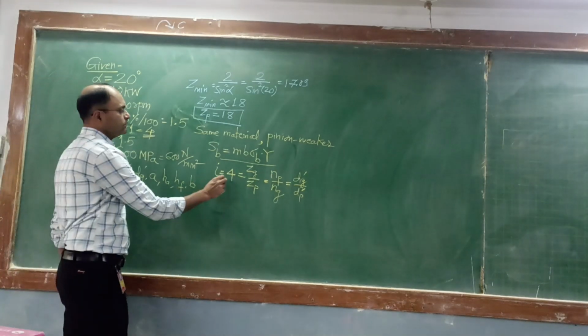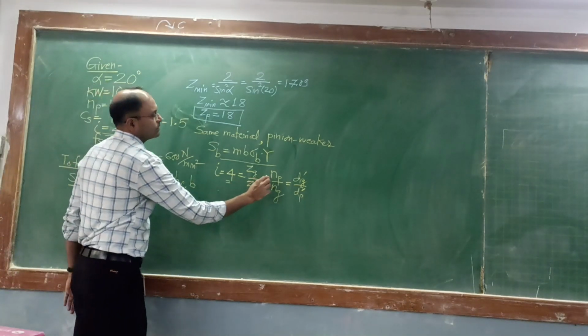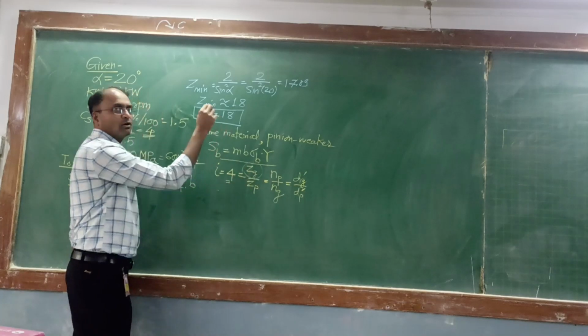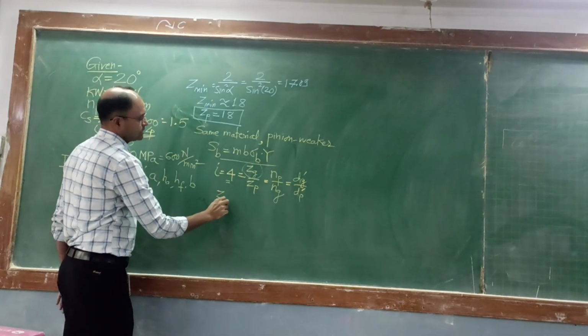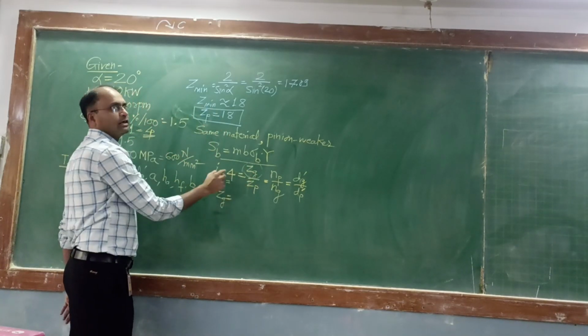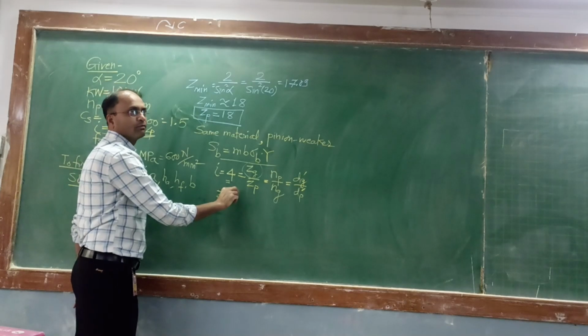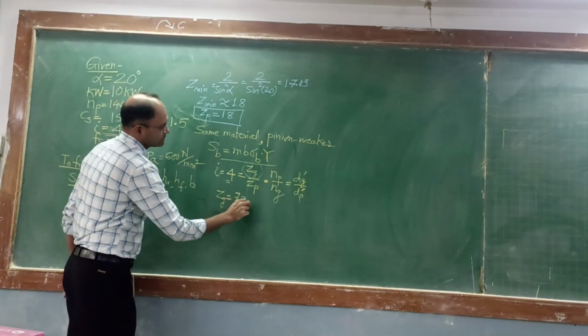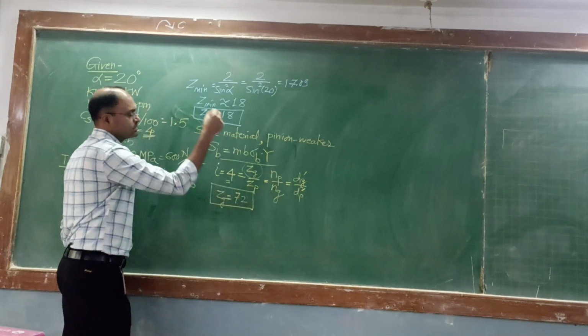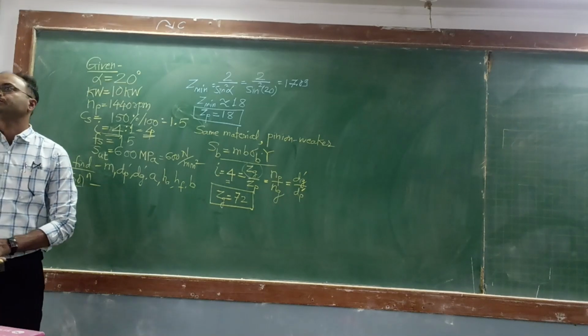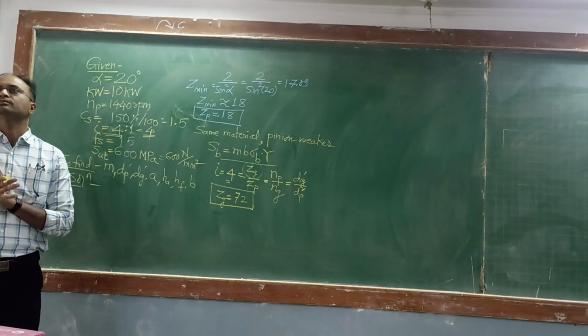Okay, so accordingly I want to know the number of teeth on gears. So ZG is equal to I into ZP. ZP is 18, 4 into 18, 72. So number of teeth on gear is 72. Okay.